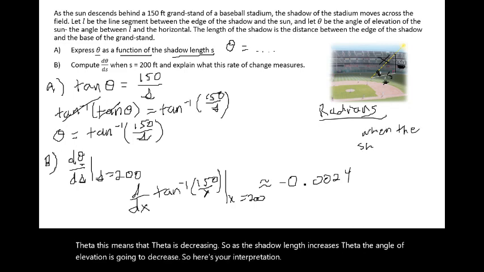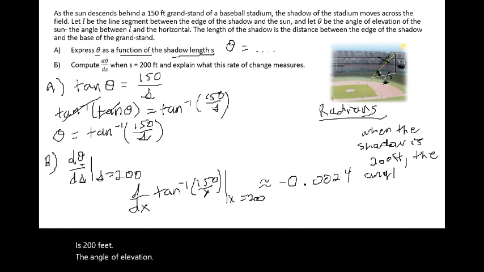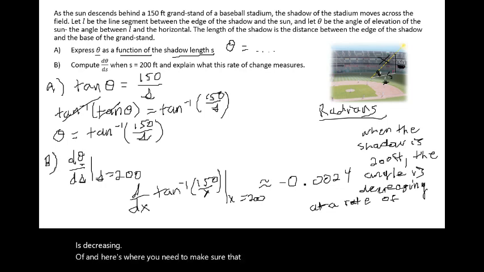When the shadow is 200 feet, the angle of elevation is decreasing at a rate of, and here's where you need to make sure that your derivative has proper units, and this is one advantage of Leibniz's notation.